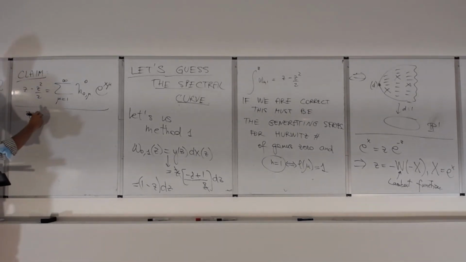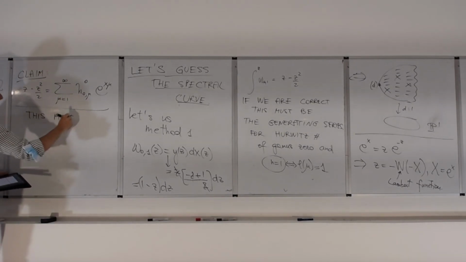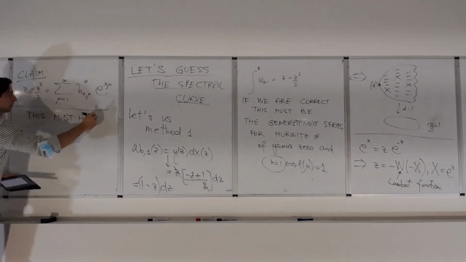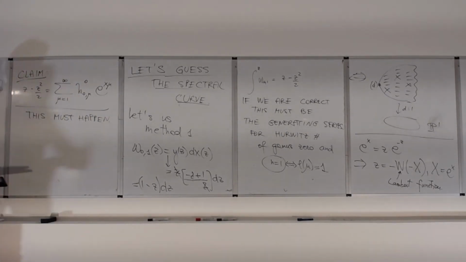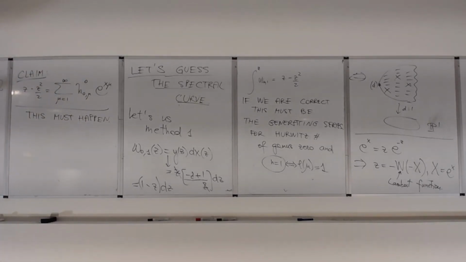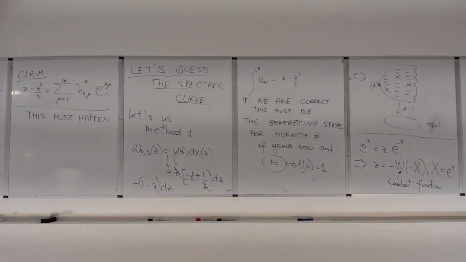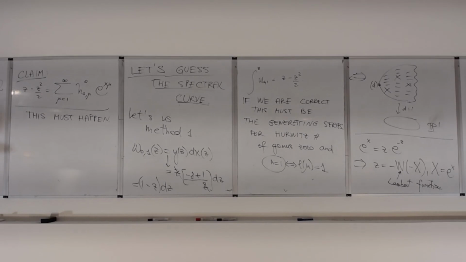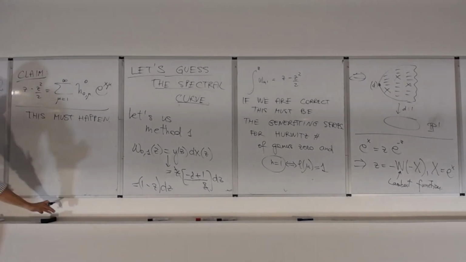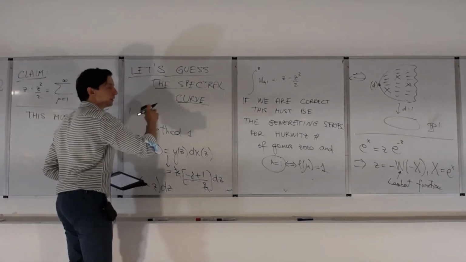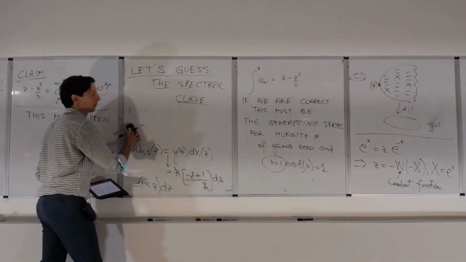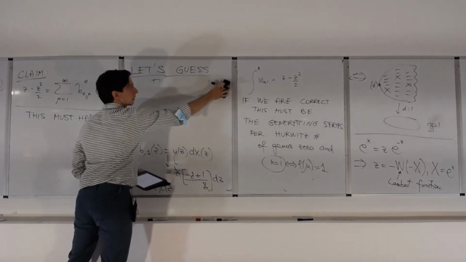This must happen. So the properties of the Lambert function should be in some particular way that at the end they give us this result. And if you read all this computation backwards, you have the way to guess the spectral curve for Hurwitz numbers.